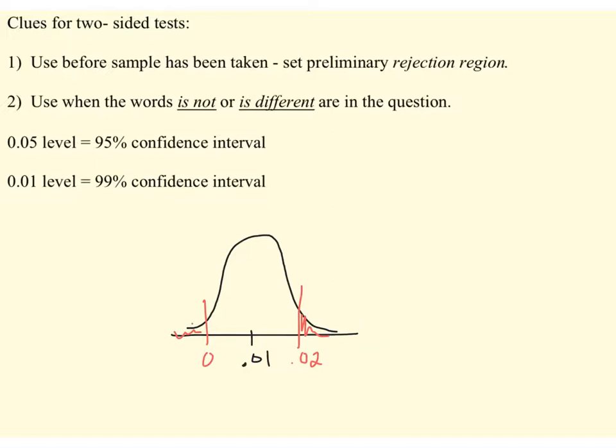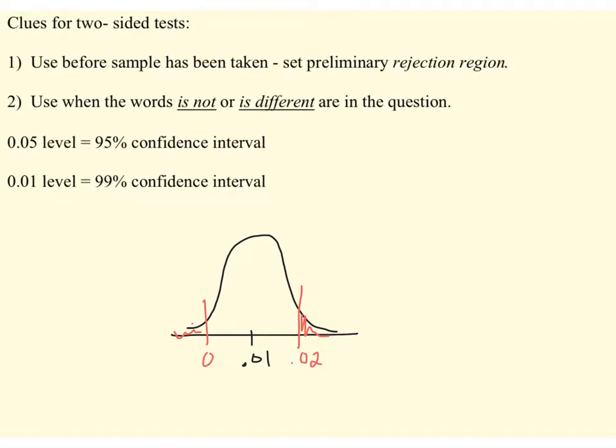Okay? The clues on the AP exam, of course, are reading the words: is it, is not, or is different, is not what we said it was, is different than it used to be. That means we're using a not equal to. If you're asked to test at the 0.05 level, you build a 95% confidence interval. If you're asked to test at the 0.01 level, that means we're testing at the 99% confidence level.